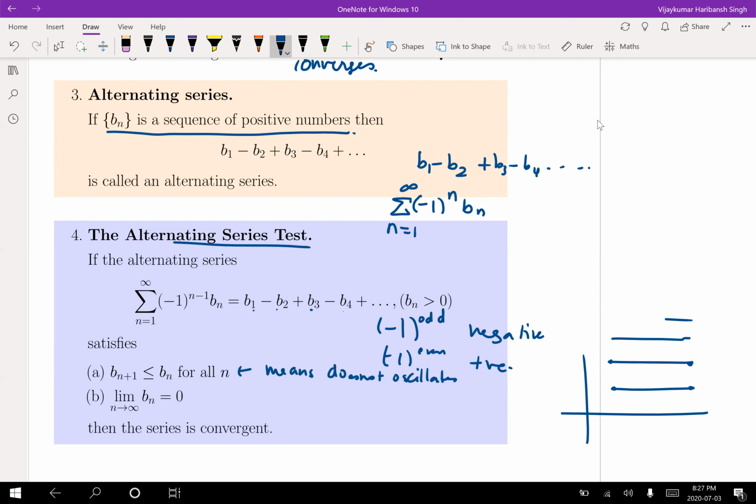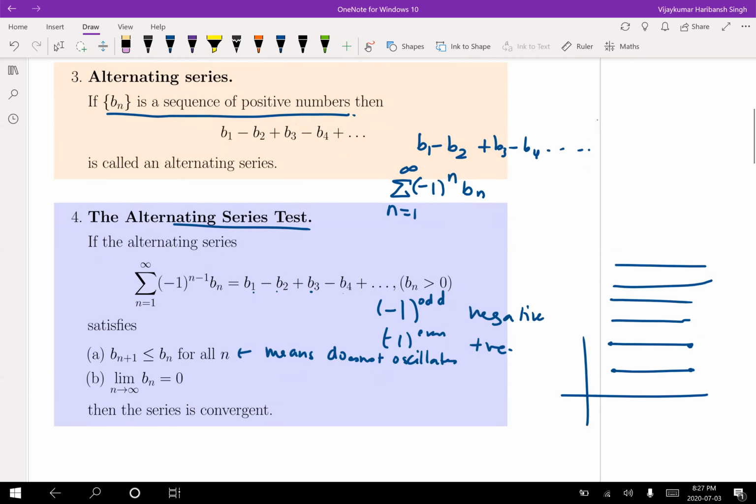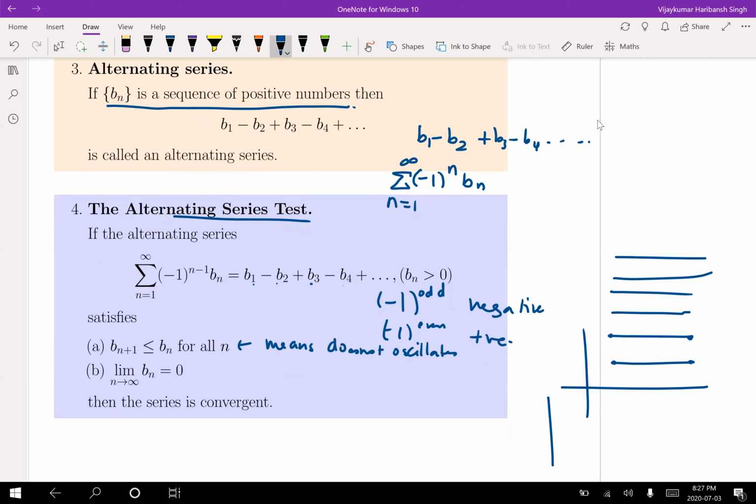Then it will never stabilize to a value, right? It will oscillate. So what should happen is that the oscillation should die down. So what we need is bn plus 1 less than bn, and secondly, the limit as n goes to infinity of bn must be 0. If that happens, then this series is convergent. That is what the alternating series test tells us.